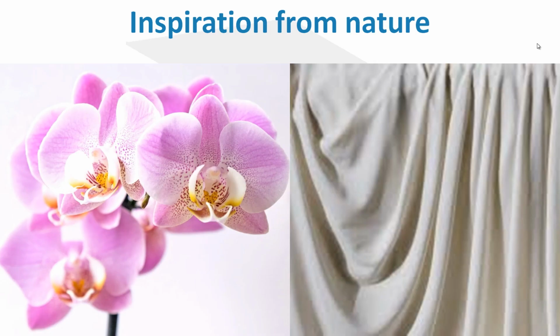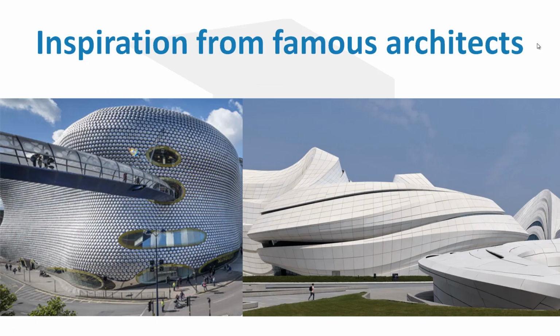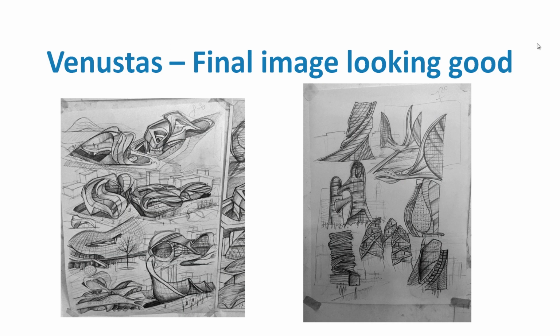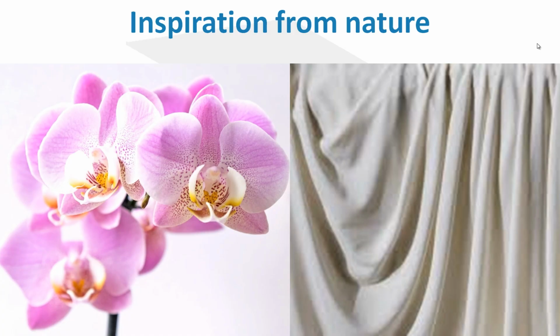So let's take again inspiration from nature for the venustas. You can go for the organic shapes, such as the orchid on the left. The folds are very nice, okay, for organic architecture. You can see them on the left hand side, and a flower there, some folds there, etc.